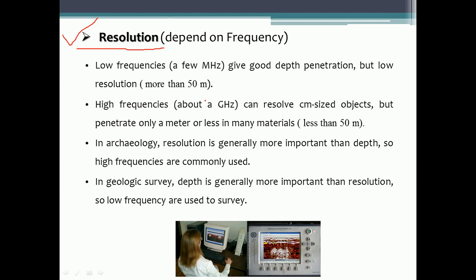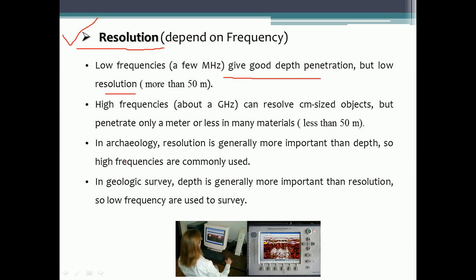What are the resolution parameters you can observe here? Low frequencies give good depth of penetration but low resolution, and high frequencies give less depth of penetration but more resolution.